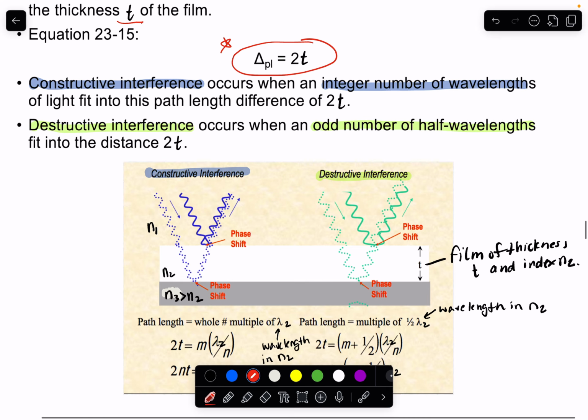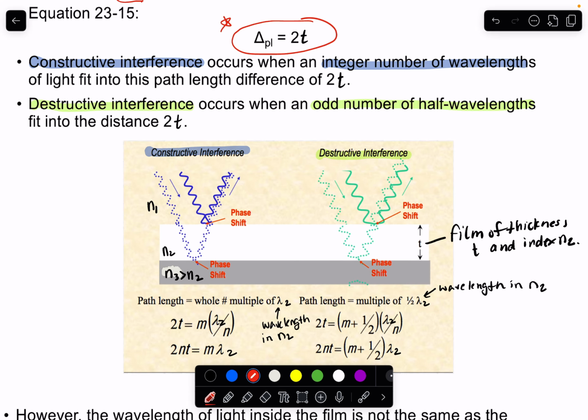So here's a picture that shows both of them together. On the blue side, the blue highlight is constructive interference, and the light green highlight is destructive interference. What we have not taken into account is the fact that the wavelength changes when it enters a new index of refraction. So we can write these interference conditions in terms of 2 different wavelengths, either the vacuum wavelength or the wavelength in n1 or the wavelength in n2.